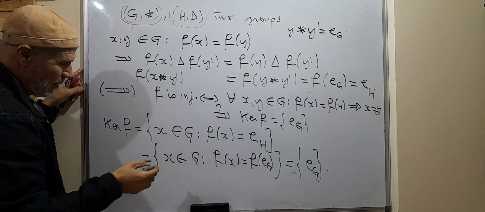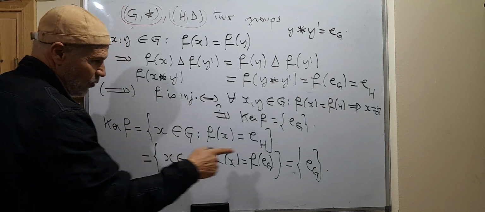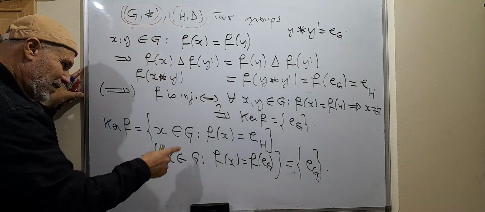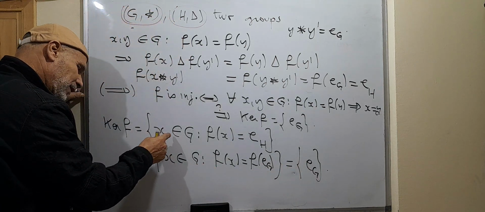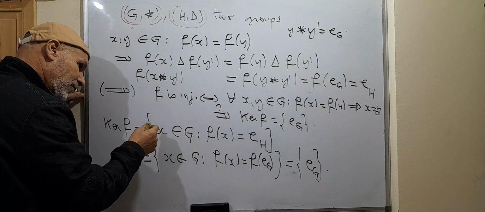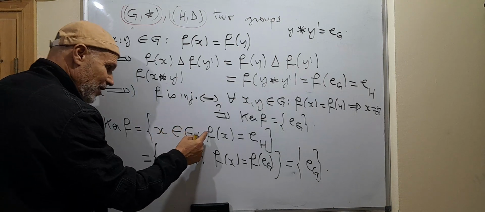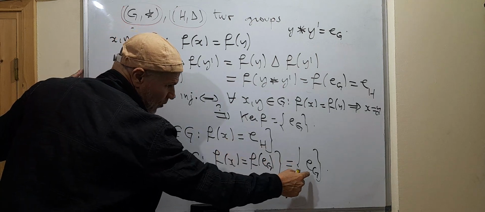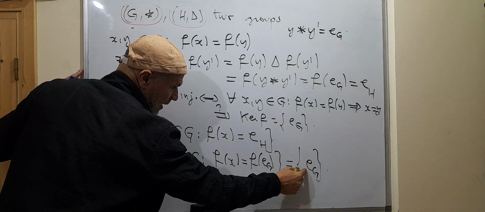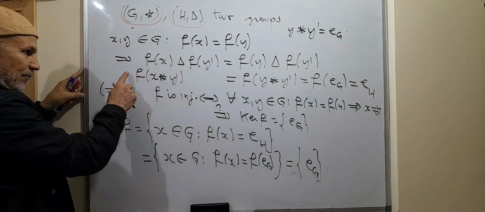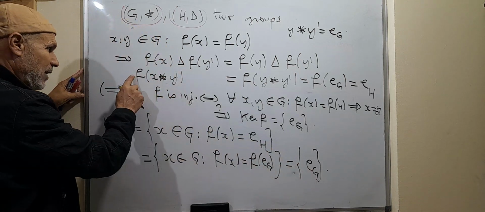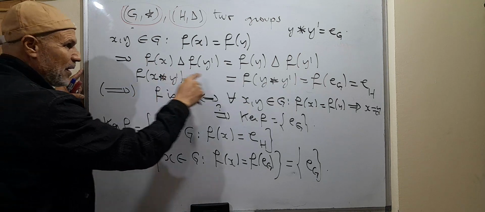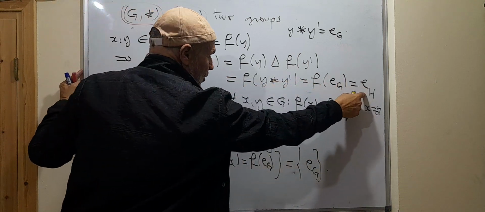We suppose that the kernel is reduced to just one element, which means that of all the elements x from G such that f of x equals e_H, we have just one, which is e_G. We suppose that. And here we have f of x * y prime equal to e_H.